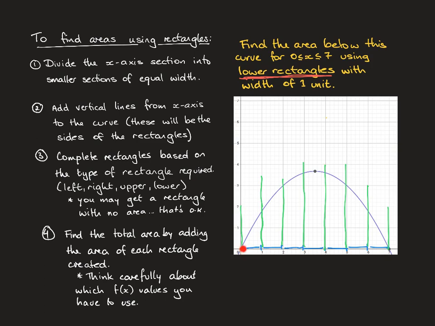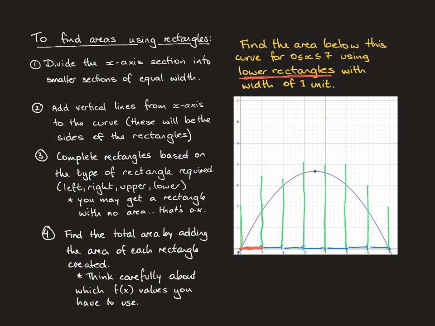This point here where the green vertical line cuts the curve, and this point here where this green vertical line cuts the curve. So to make a rectangle using the lower of those two, I actually draw a line at the bottom. And this is part of the thing that gets people confused. It is possible to have a rectangle with no area. You just have to follow the process.